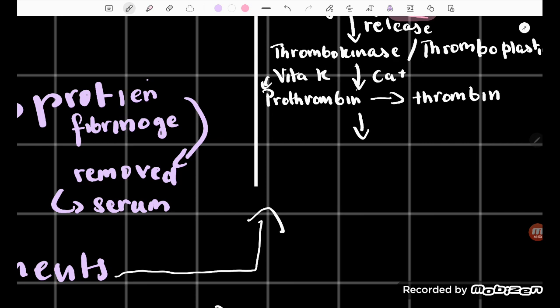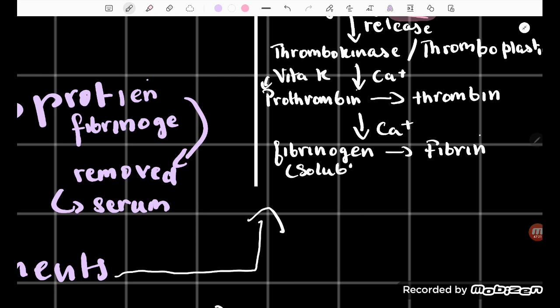So vitamin K is required for prothrombin, and prothrombin to thrombin, and thrombin in the presence of Ca plus again will turn the fibrinogen, which is soluble, to fibrin. This is soluble, this is insoluble.